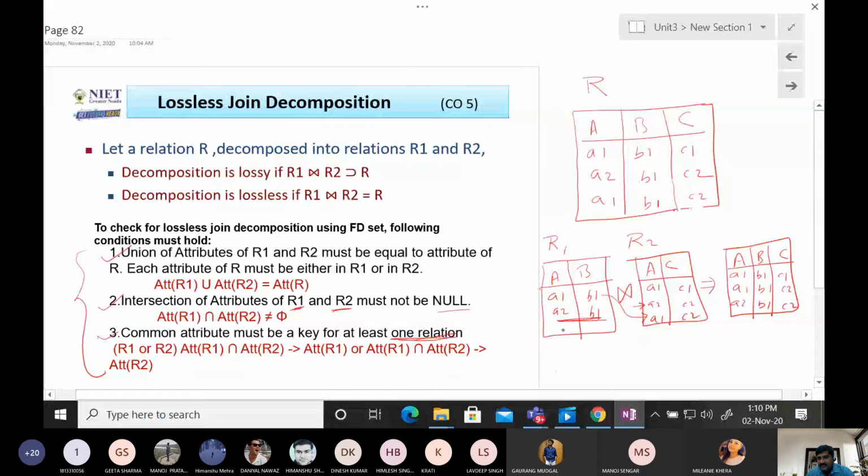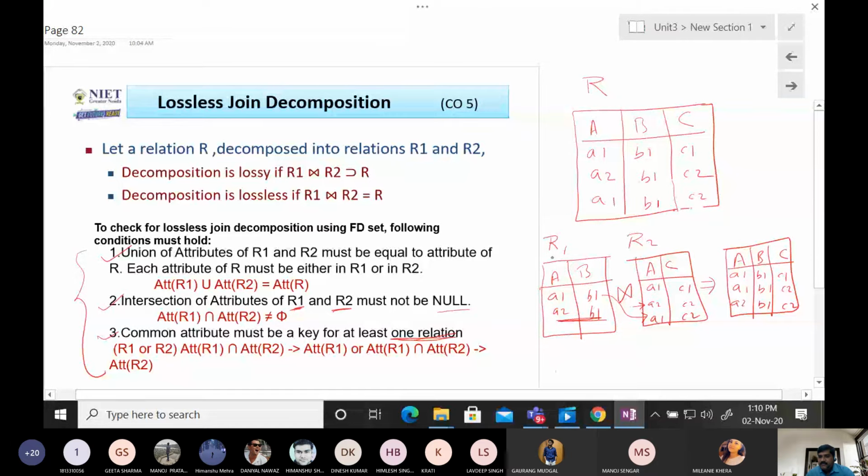If redundancy occurs, then B values must agree, but with the definition of relation we can ignore A1, B1, because in a relation the same element can't be stored. A is a candidate key of R1, and here A is not the candidate key of R2, but the common attribute must be a candidate key of at least one relation.